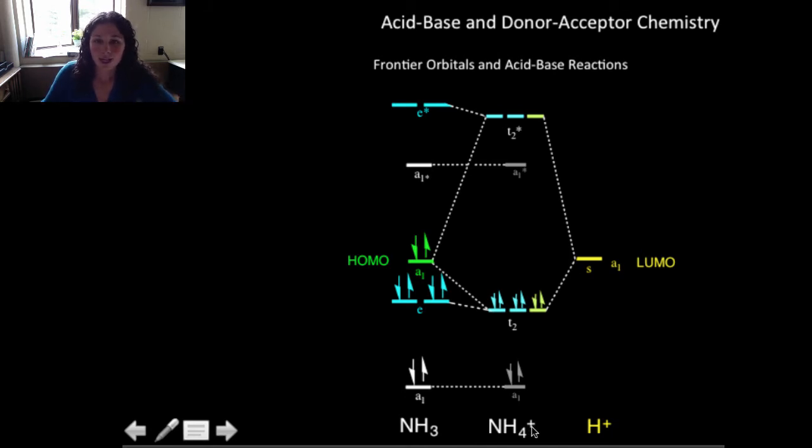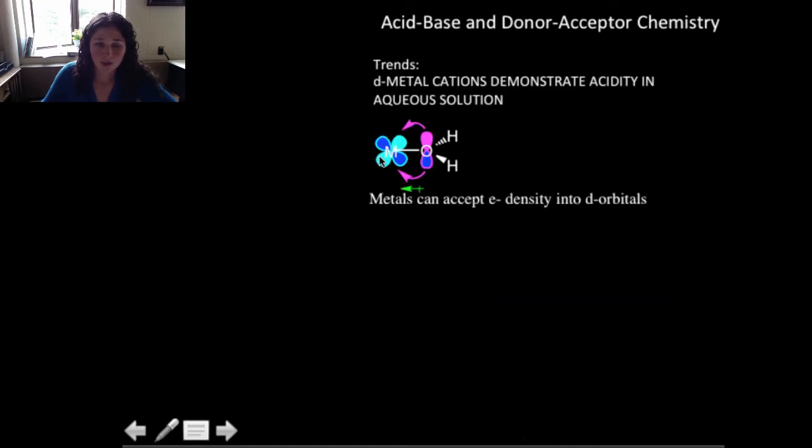And the same thing can happen with d metal ions. So d metals have orbitals. Normally they're the d orbitals, but they don't have to be. But they have available orbitals that electrons from the Lewis base, or in this case I'm showing water, the electrons from the oxygen here can donate into the metal ion.